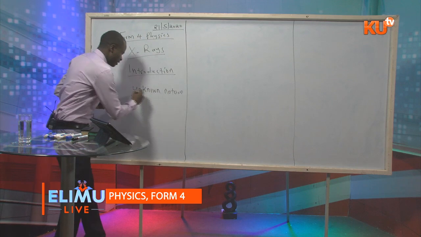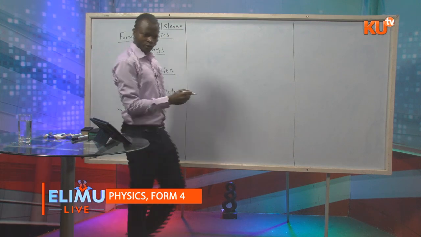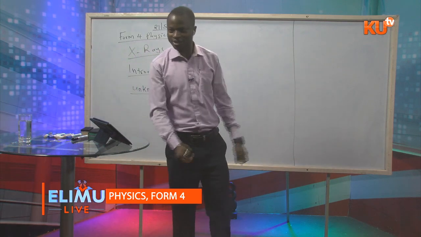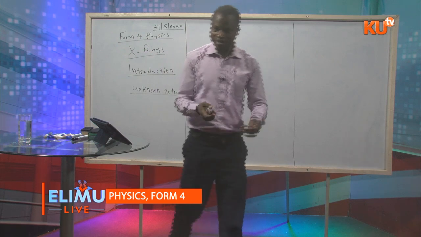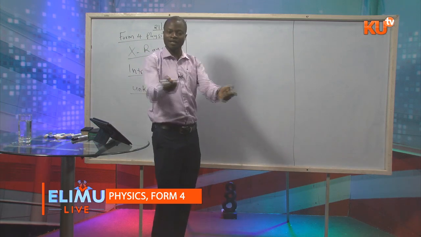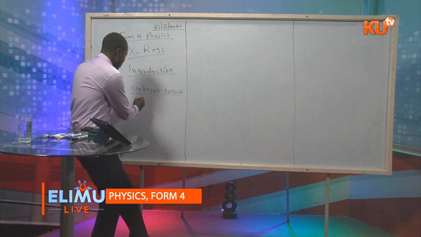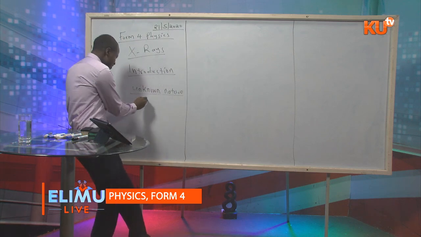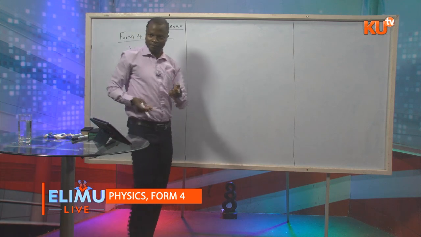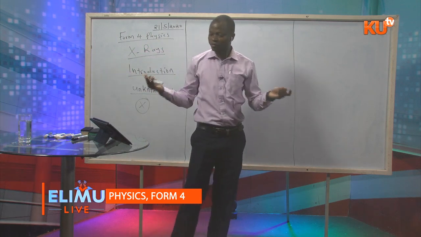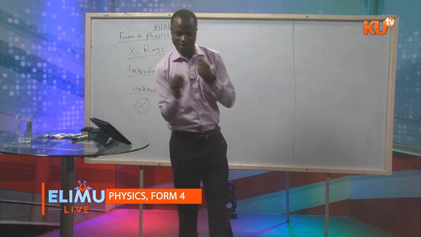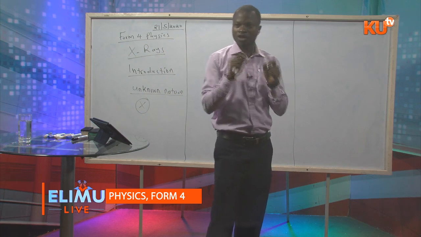We could not tell what they are, unknown nature. And if we borrow from mathematics, I know if you take physics, mathematics is compulsory to you. Anything unknown in mathematics, we like saying, let it be X. So that is where the name X came from. X means unknown. That's how we call them unknown rays. They were unknown because at the time of discovery, their nature was not known.